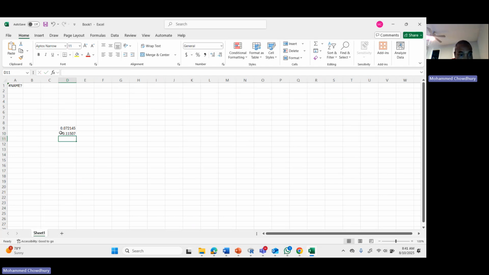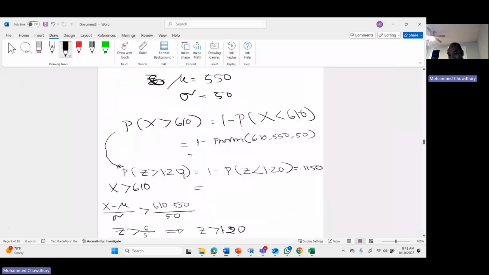Now you will see the result is 0.11507. Both R and Excel give us the same result.